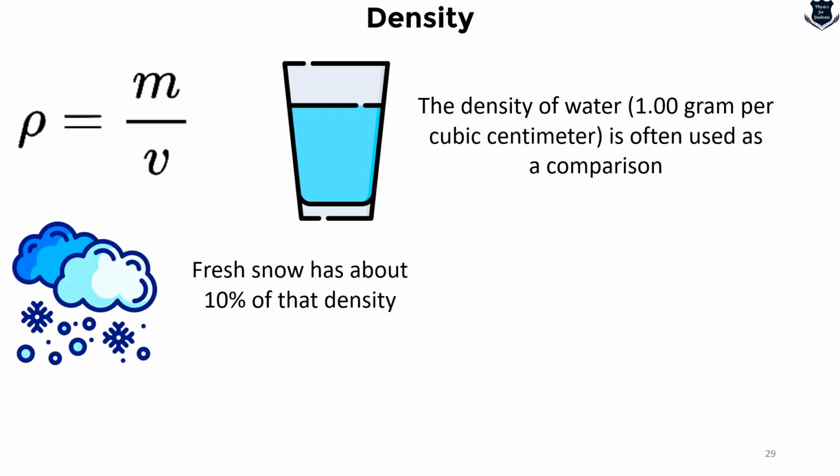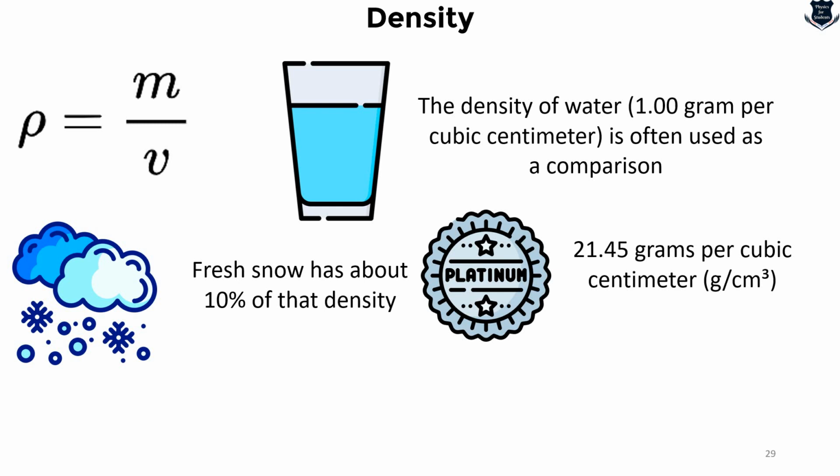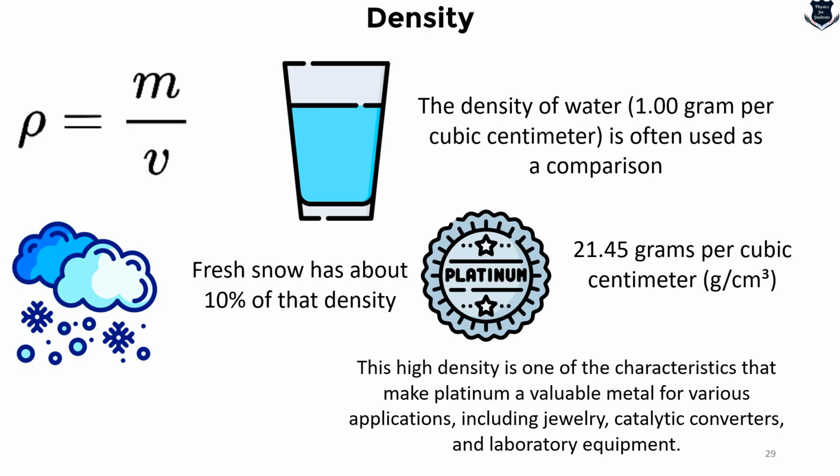Fresh snow is about 10% of that density, and platinum is 21.45 grams per cubic centimeter. Due to this high density, platinum is used for various applications including jewelry, catalytic converters, and laboratory equipment.